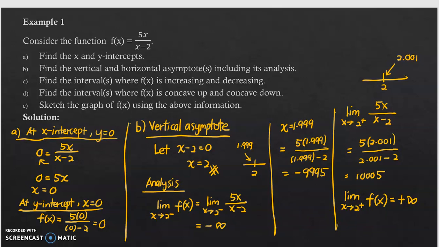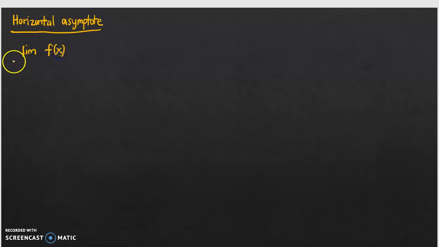Next, we look at, not C, but we look at the horizontal asymptote. So for horizontal asymptote, we will find the limit for f(x) when x approaches positive or negative infinity.